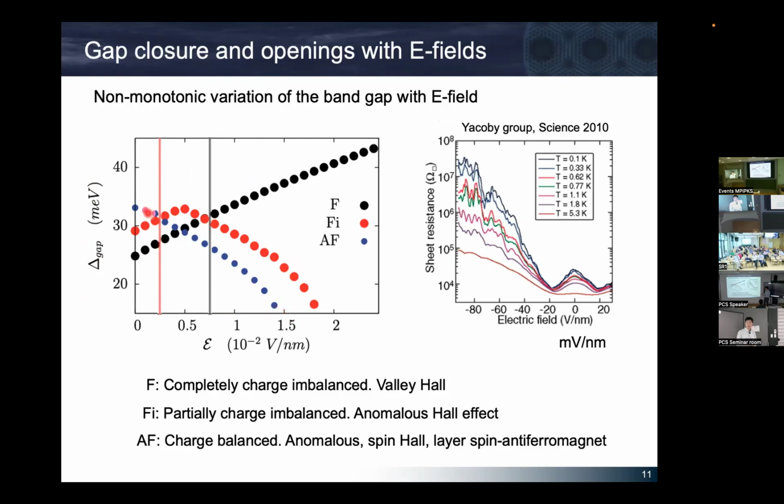We start from the charge balance, we reduce the band gap, and we increase the band gap slightly. And for strong enough electric field, we continuously enhance the band gap of the system.